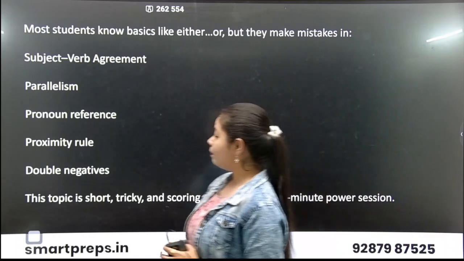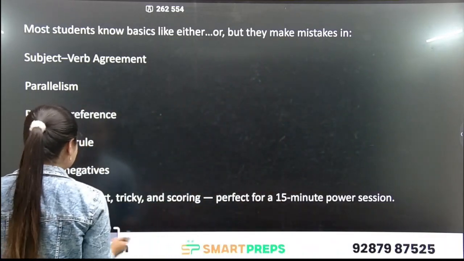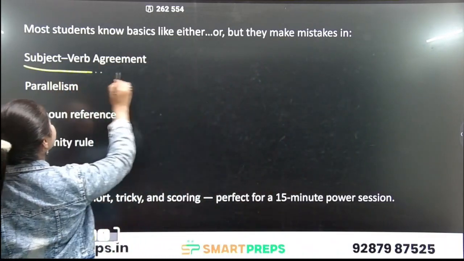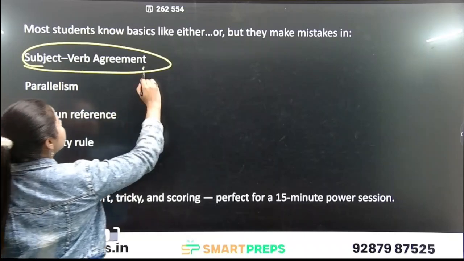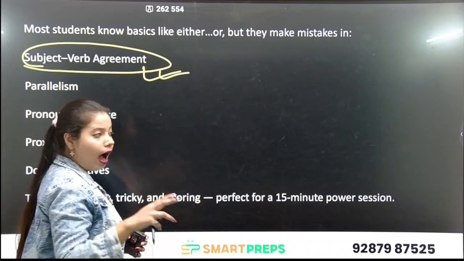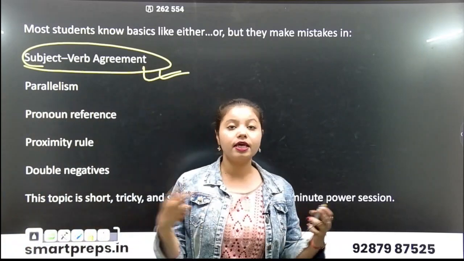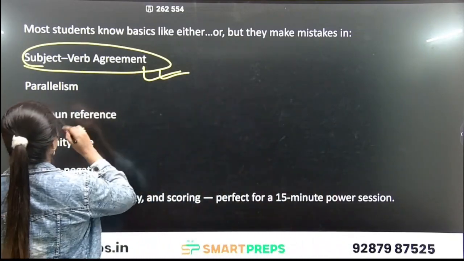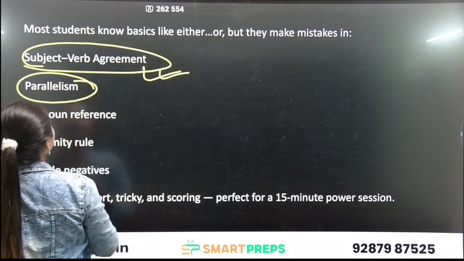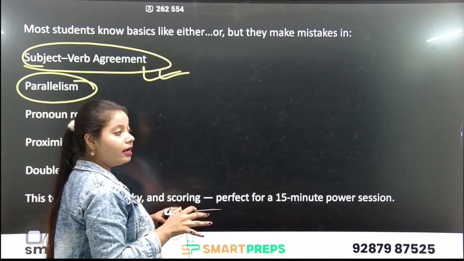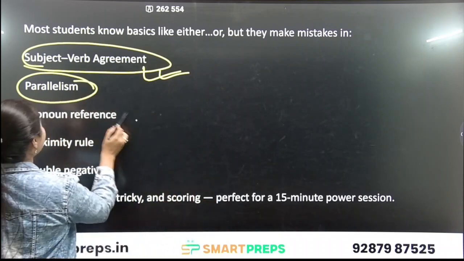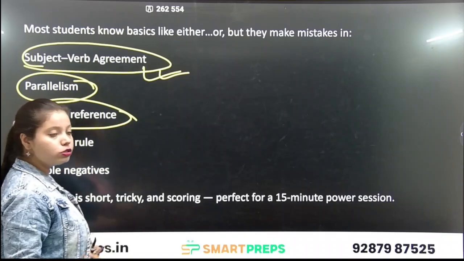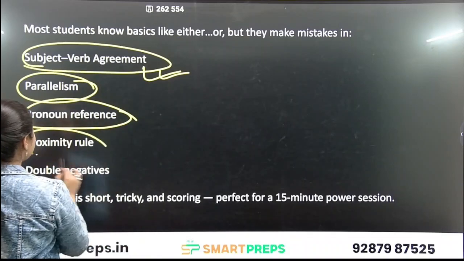The most important subtopics under this topic are subject verb agreement, which is the most important part, how the verb and the subject coincide with each other, having an agreement in the statement. Also a topic called parallelism, how parallel both the words are in the statement, and pronoun reference in the statement also, and proximity rule.